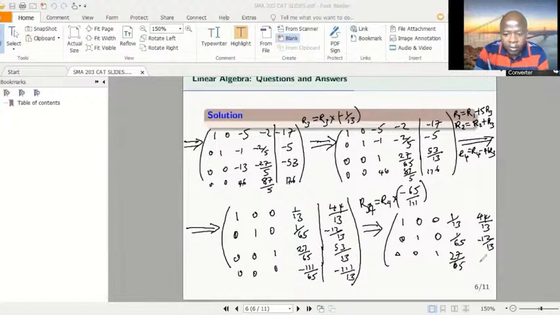And this other one is 53 out of 13. And then it's this fourth row that we multiply by negative of its reciprocal, which is 0, 0, 0, 1, 5.